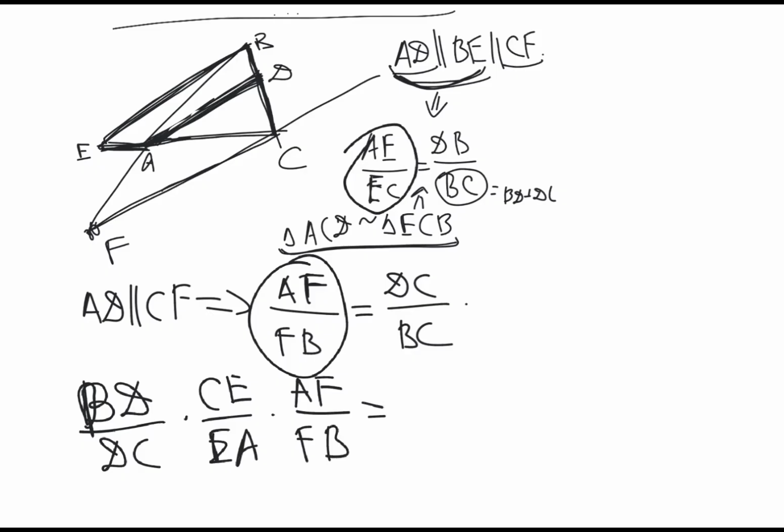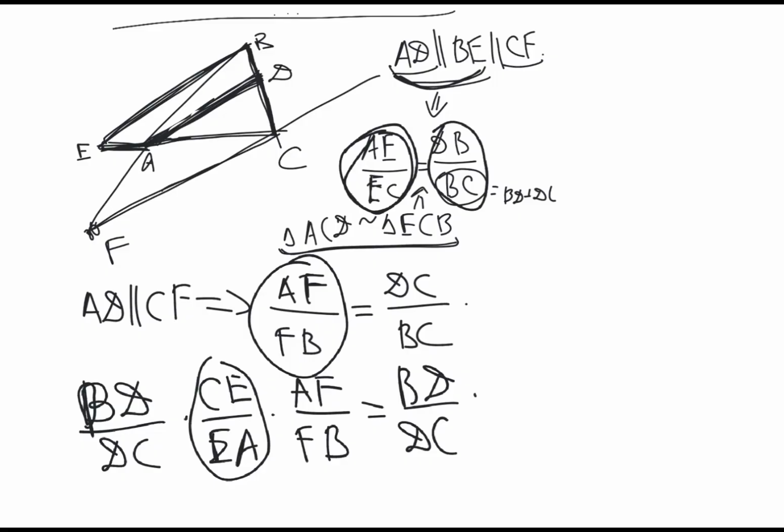So this ratio is the inverse. So BD over DC, we keep it as it is. Now CE to EA, this is the inverse of this, so we replace it with BC over BD.